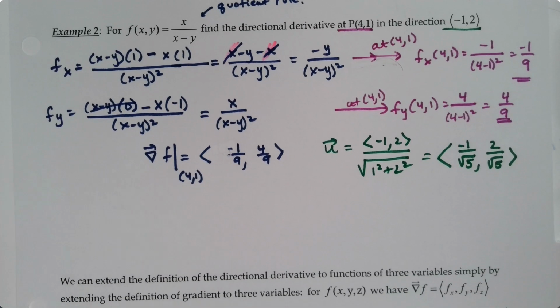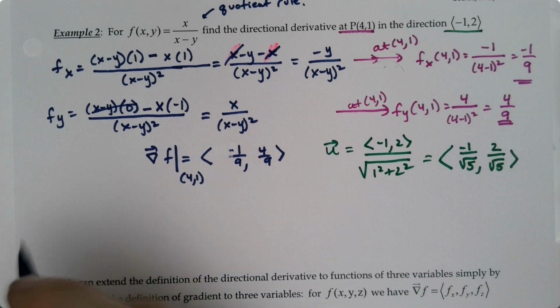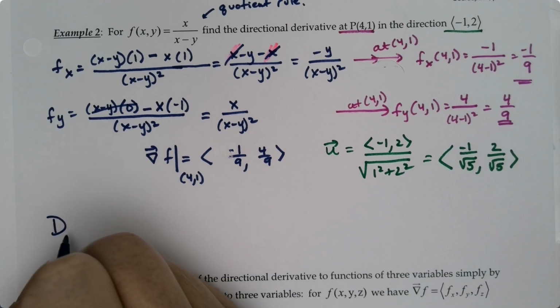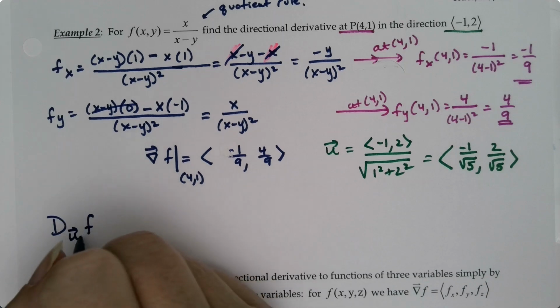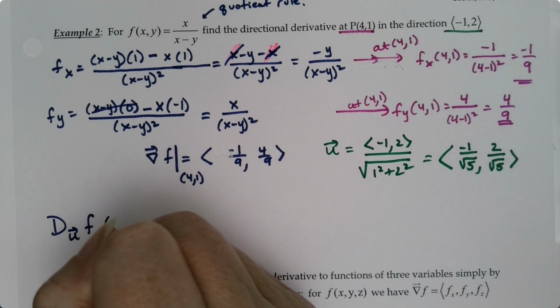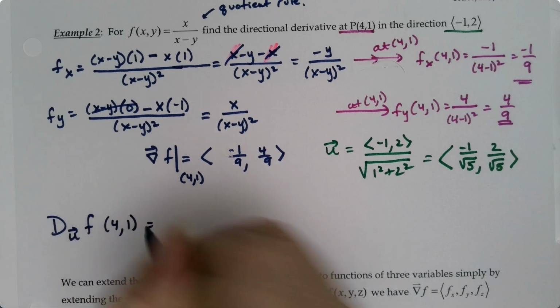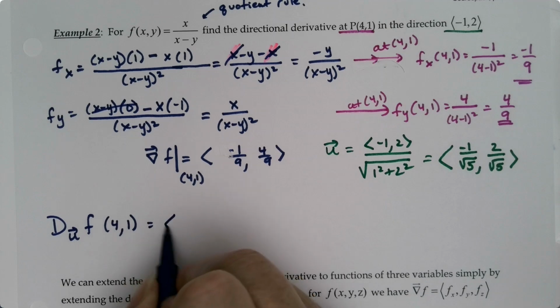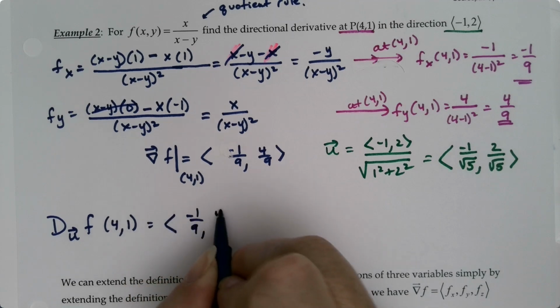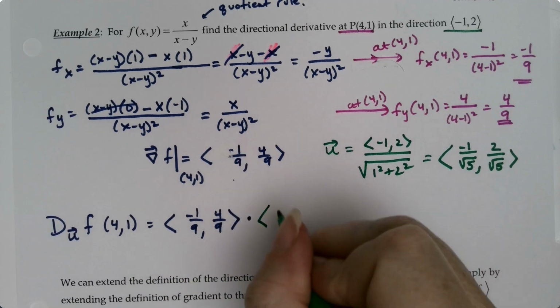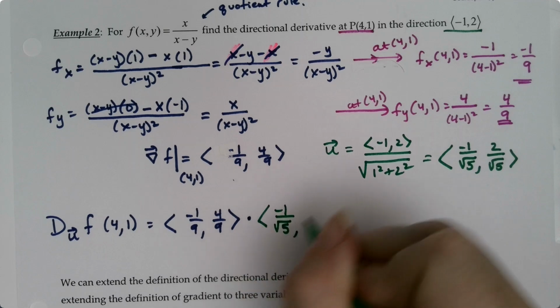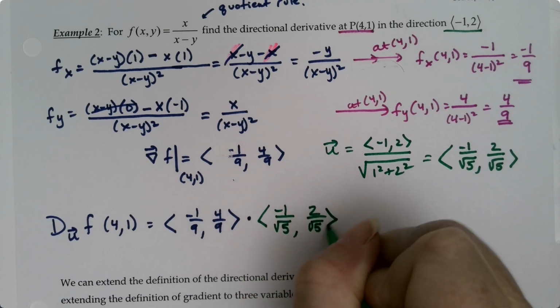All right, so for the final result, the directional derivative of, or excuse me, of f in the direction of u at the point (4, 1) is equal to the dot product of (negative 1/9, 4/9) with (negative 1 over the square root of 5, 2 over the square root of 5).